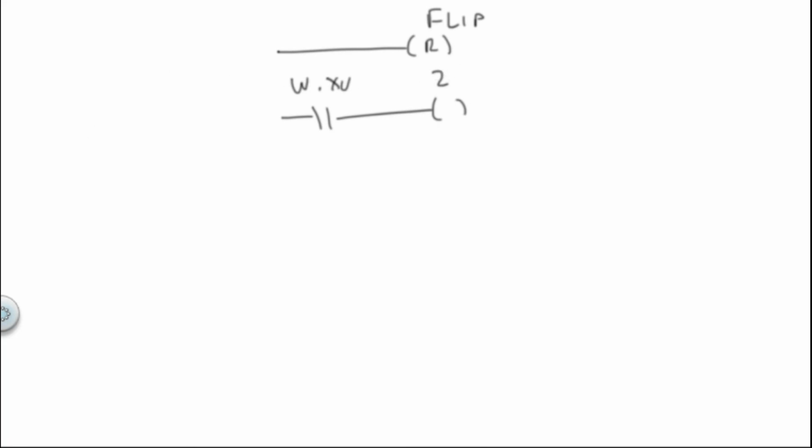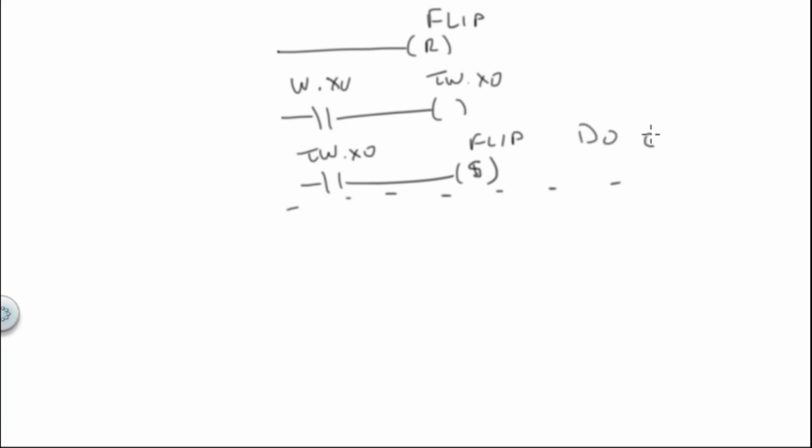Let's just call it TWO or just TW.x0. If 2's.x0 is on, set flip. Then you do that one time. Then the rest of this, you do 15 times.